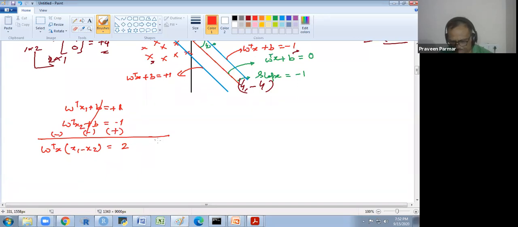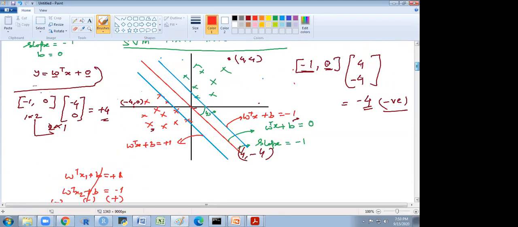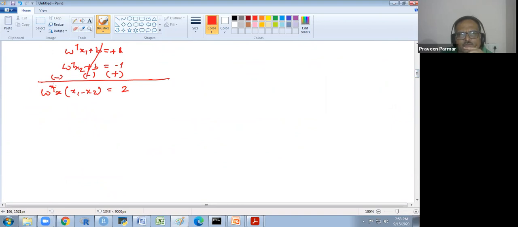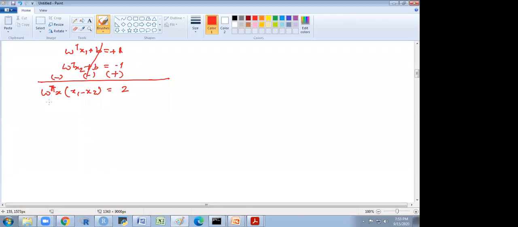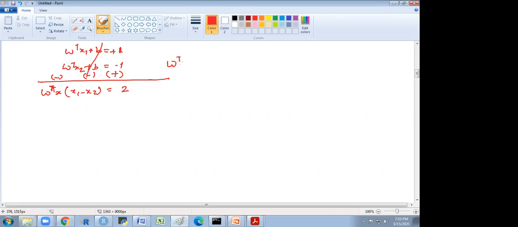Up to here, it is the math behind this. Yes, sir. I will explain a little bit up to some level. WT will be common. WT is the transpose of that vector. You took WTx common, but the common will be WT, the superscript T. Where did this x come from?